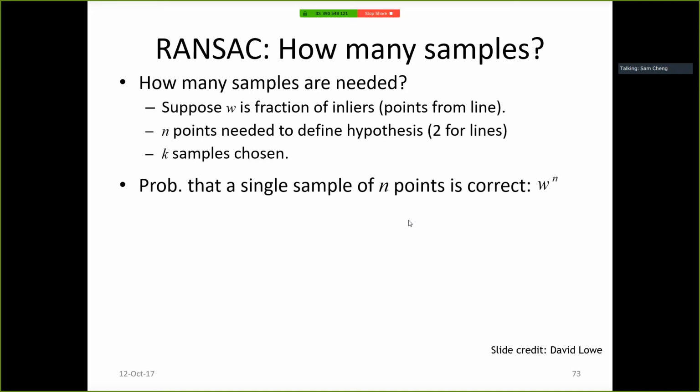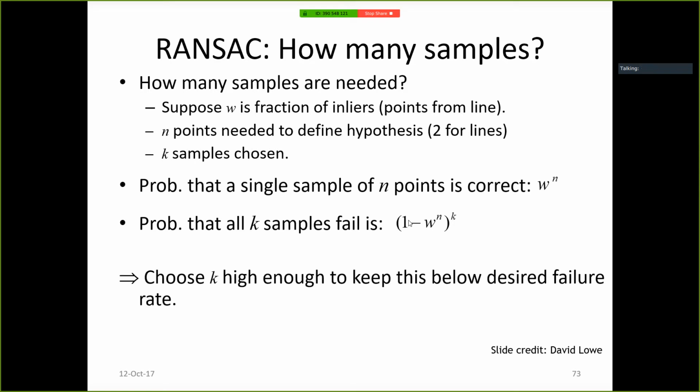Then just think of the probability carefully. If the fraction of inliers is W, then for a single sample to be correct I need all of them to be correct, so I need W to the power N. So the probability that the model fails is 1 minus W^N. The probability that I do K repeated models and all of them fail will be (1 minus W^N) to the power K. Does it make sense?